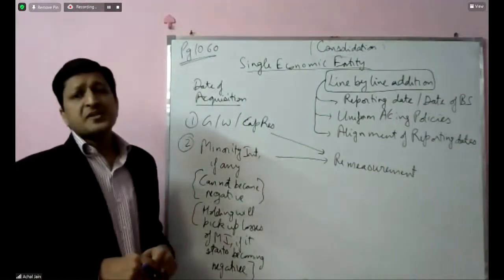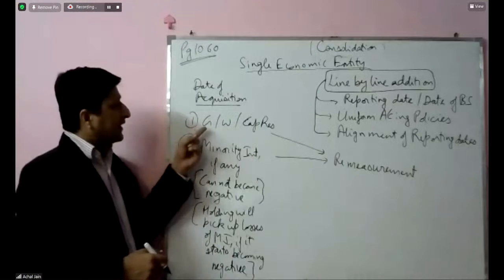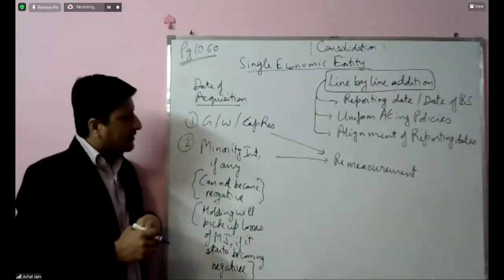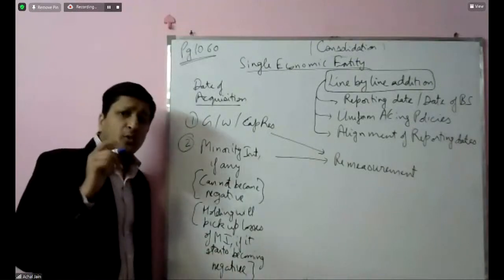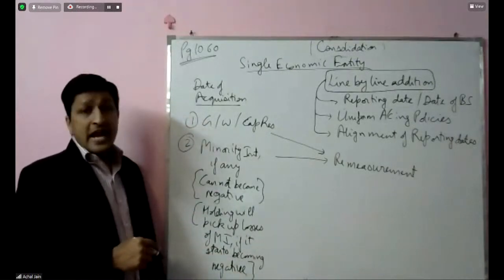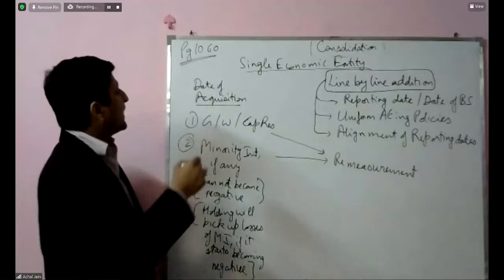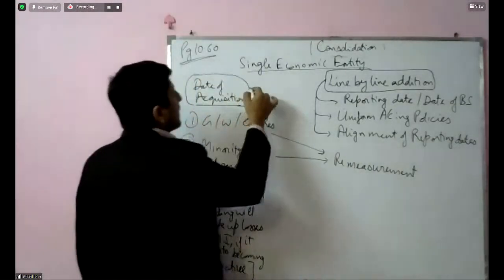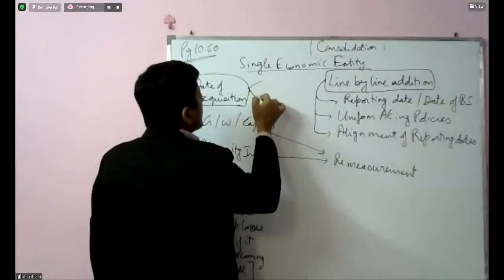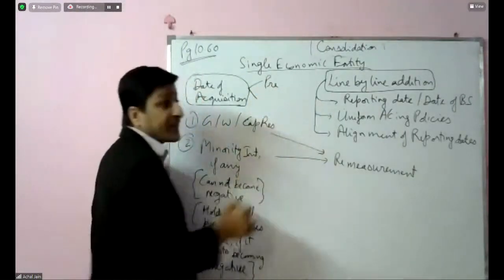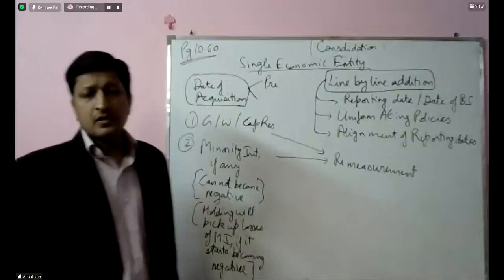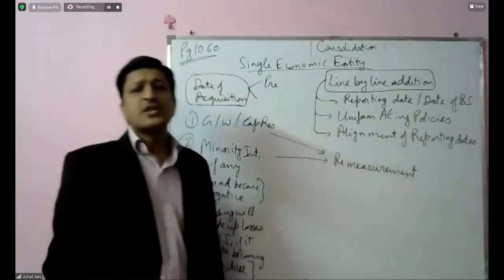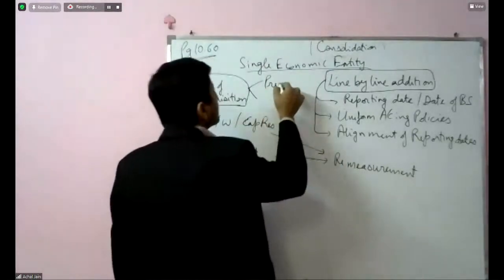For all of these principles, particularly related to goodwill or minority interest, there's one more point which you need to remember, and which is important on the date of acquisition. That is about bifurcation of reserves, profits into pre-acquisition and post-acquisition.